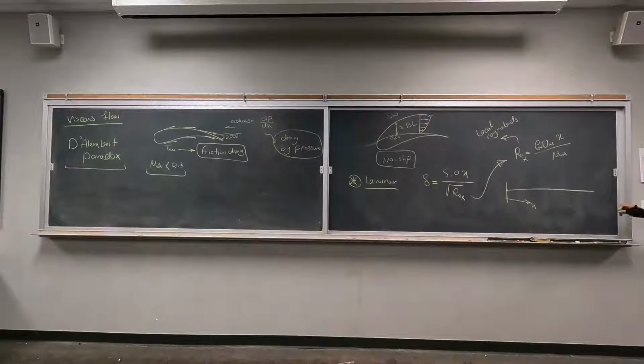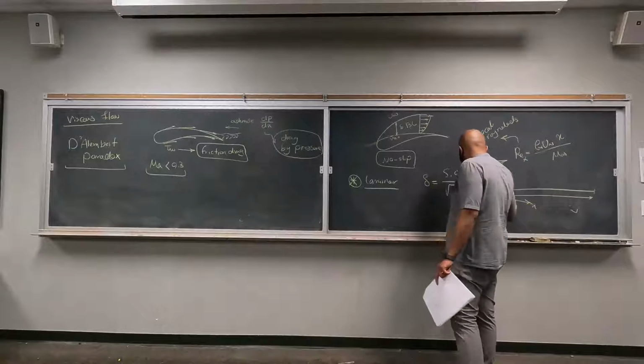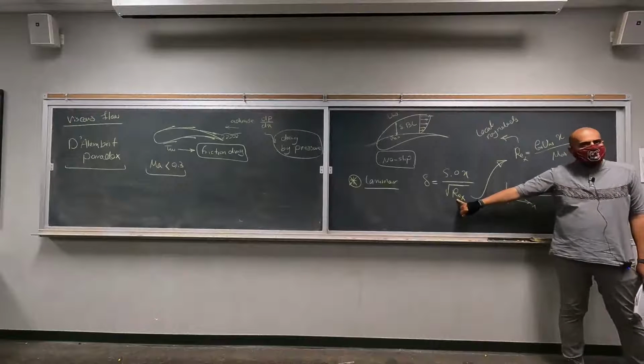Whatever the length of this plate is. Your maximum is going to be rho u infinity L divided by mu infinity, right? That's the Reynolds number of the plate. Is this clear? So as you move on your plate, this value is increasing, okay?